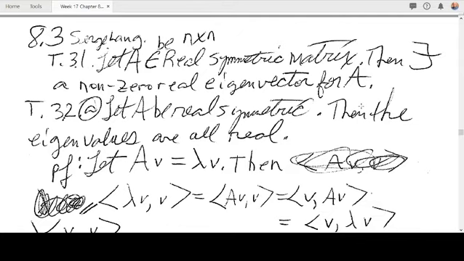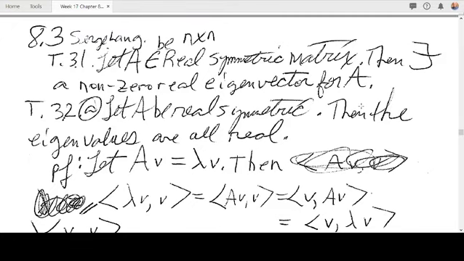So look at the proof of this statement. Start out with the definition of eigenvalue. Let AV equal lambda V. And so then we look at the scalar product.